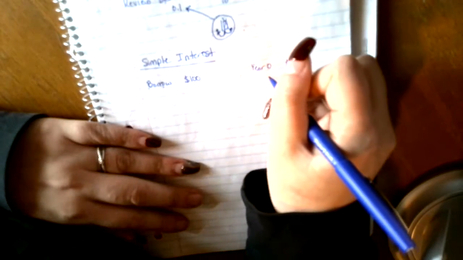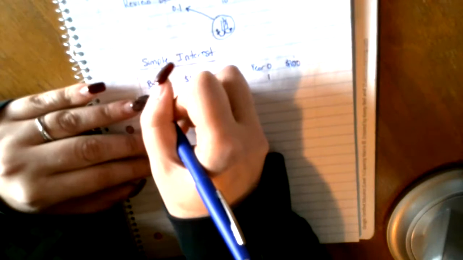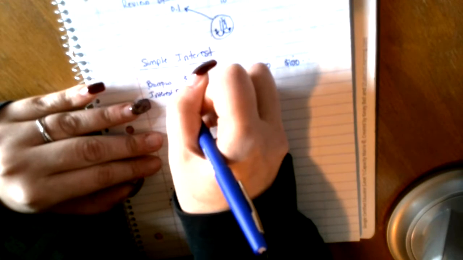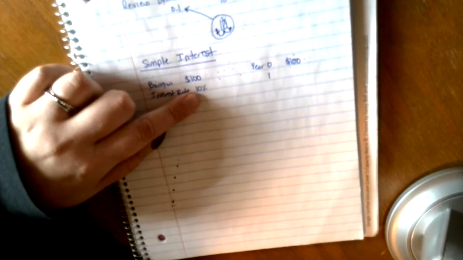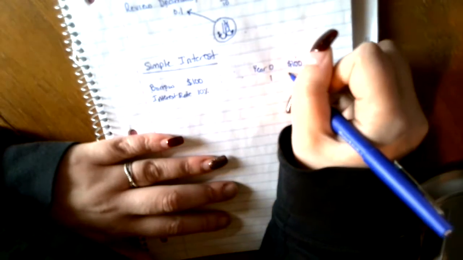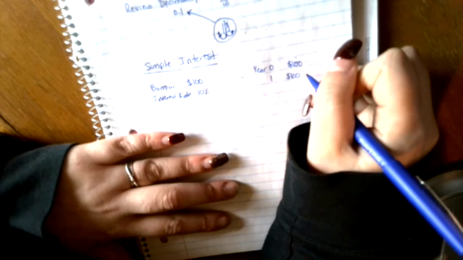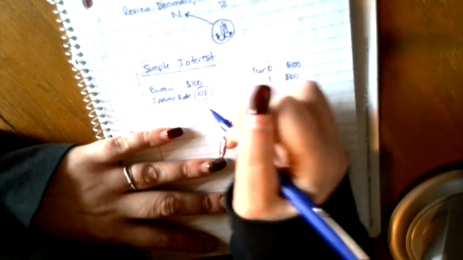So after year 1, let's say that the interest rate in this case is 10%. Okay, interest rates are typically in percentages. So then in order to calculate that, I would have my $100 from before, and then I would have to figure out what this percentage is as a decimal, which is why I went through this stuff up here.